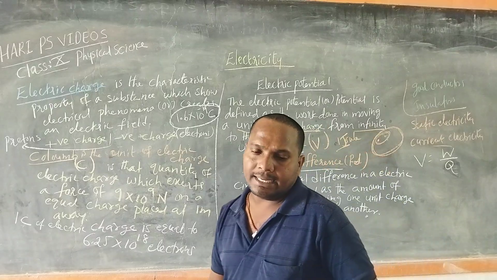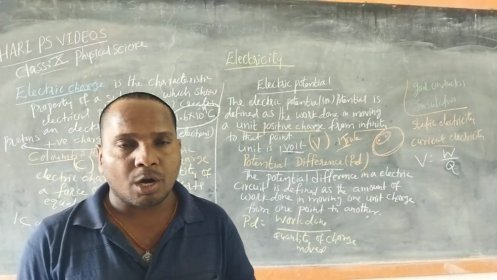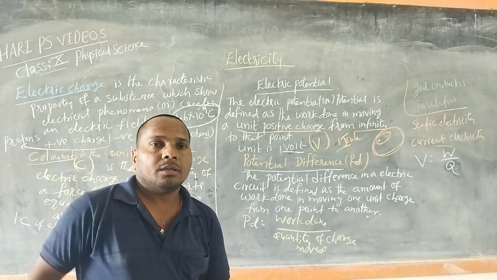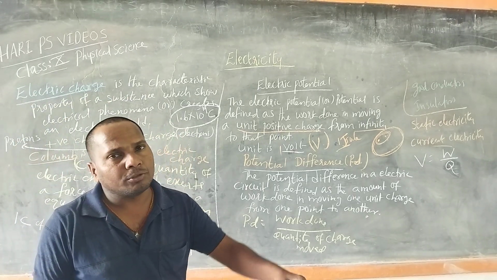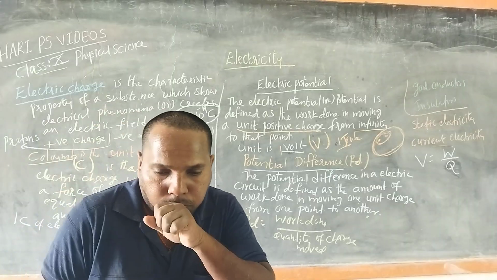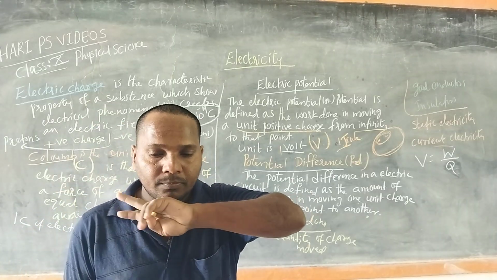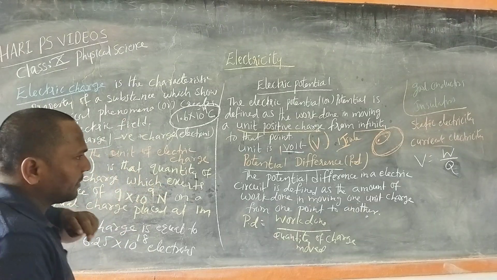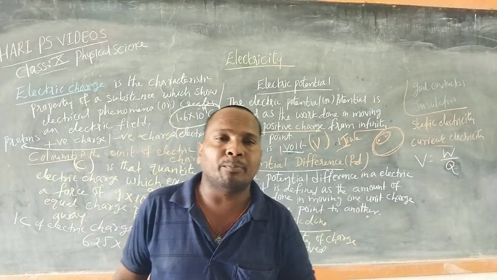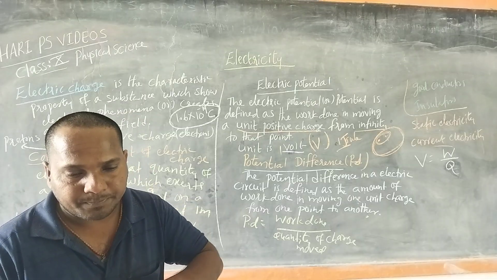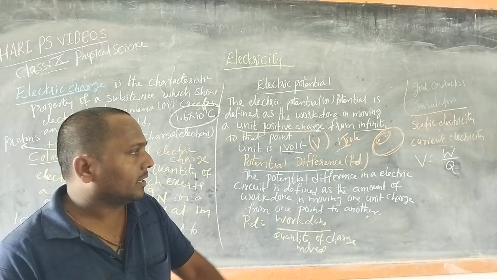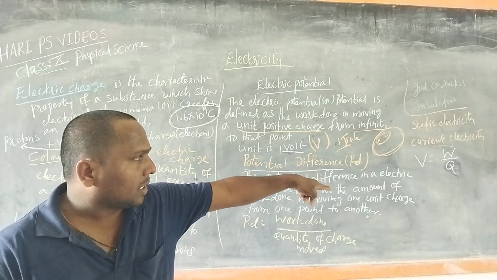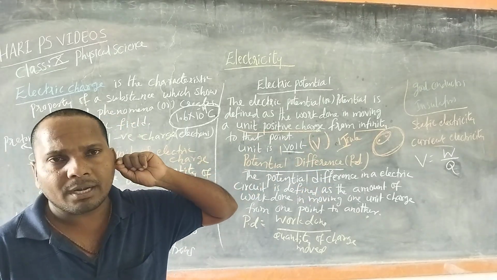If W joules of work has to be done to move Q coulombs, coulomb is the unit of electric charge, from one point to another point, then the potential difference V is equal to W by Q. Here W means work done and Q is the quantity of charge.